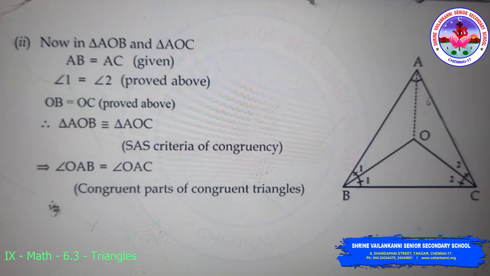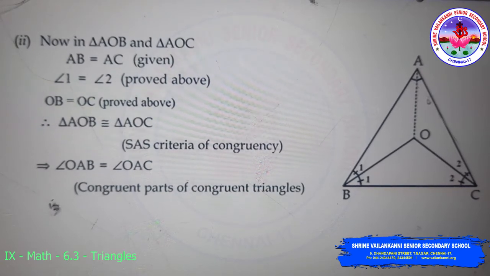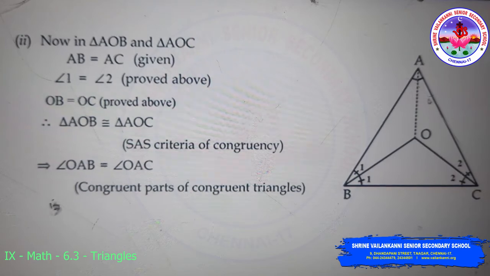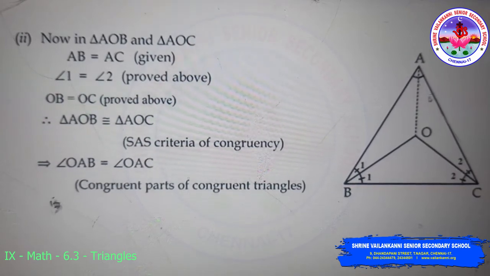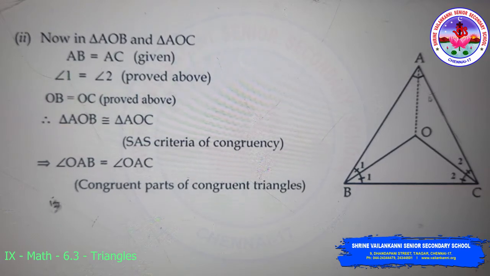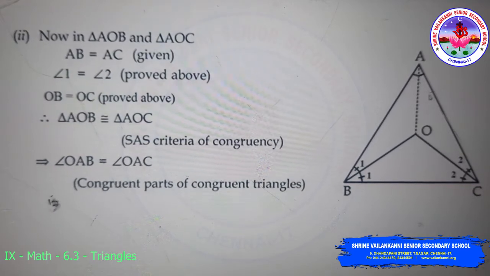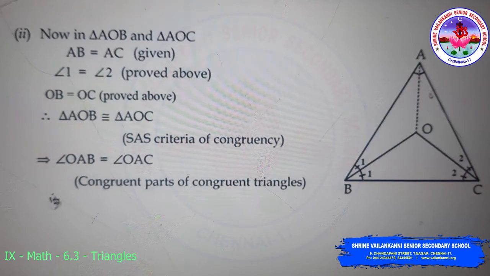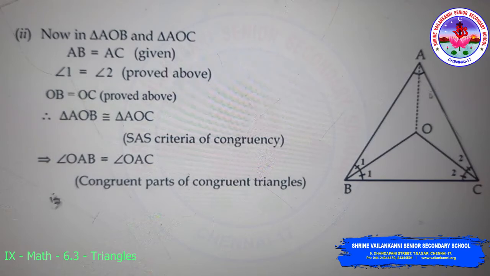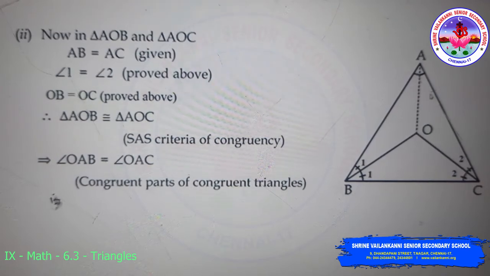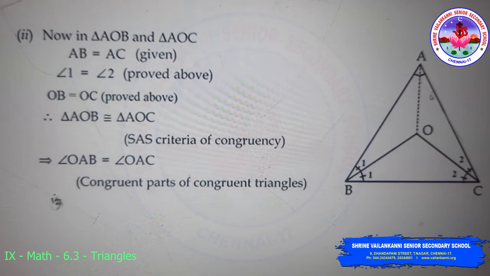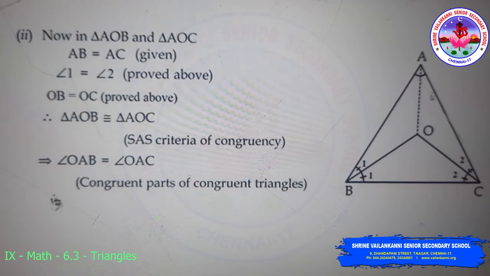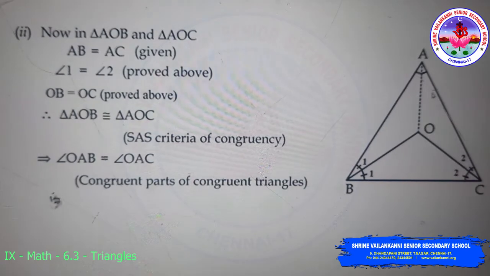Let us consider triangle AOB and triangle AOC. We know that AB is equal to AC since ABC is an isosceles triangle. Also, by the first part, we proved angle 1 is equal to angle 2, where angle 1 is OBA and angle 2 is OCA, which are involved in triangles AOB and AOC. And we proved that OB is equal to OC.